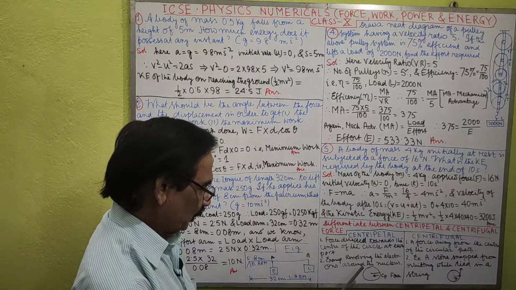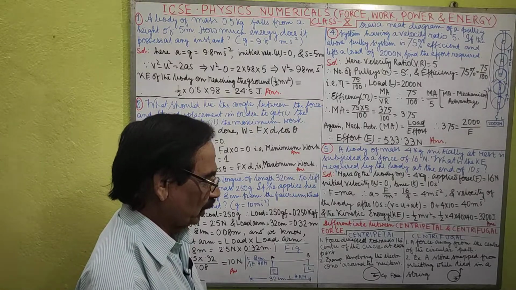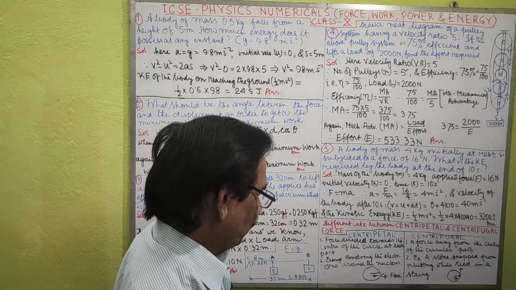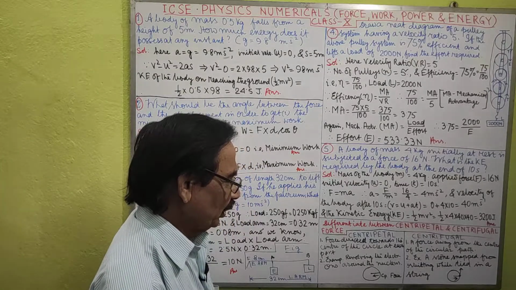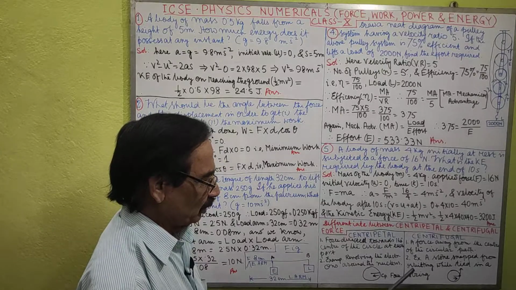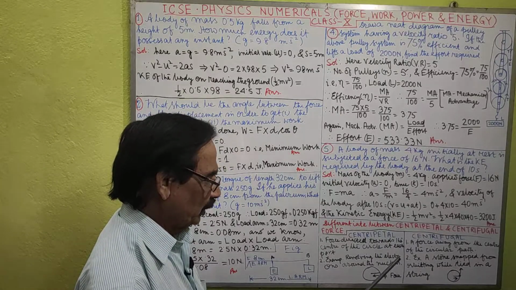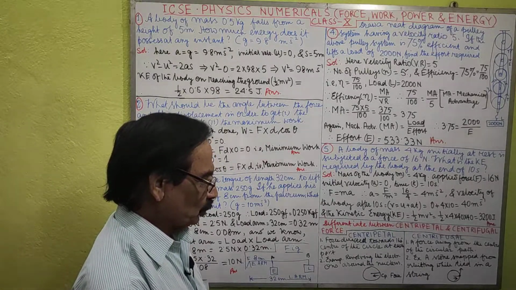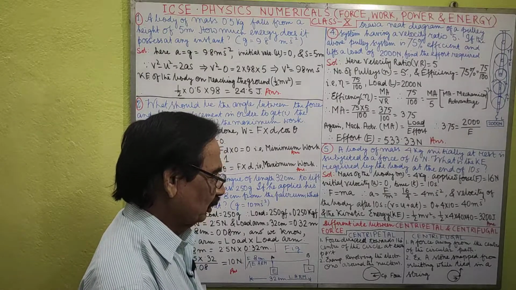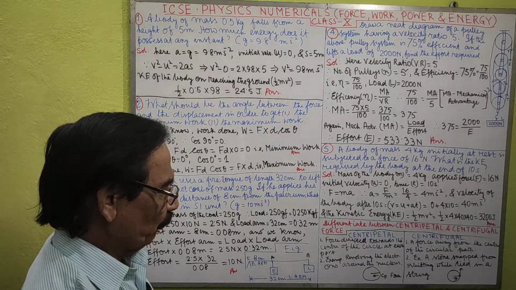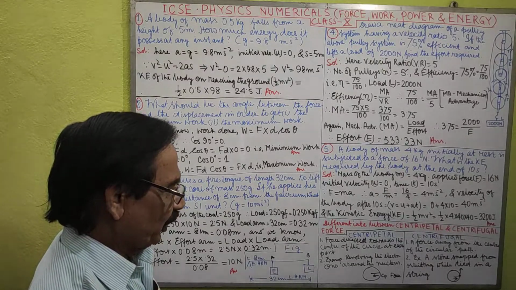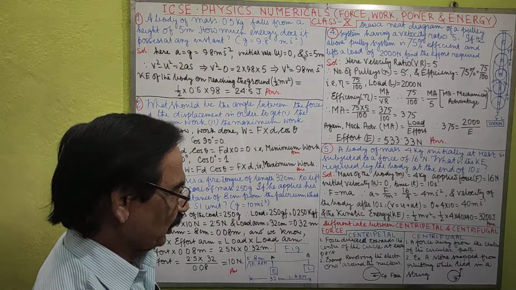It is what keeps the electrons revolving around the nucleus. It is centripetal force. And centrifugal force is away from the center. When the stone is rotated with the help of the string, the string will have a tension as it is rotating.